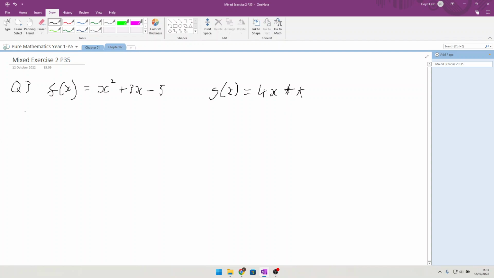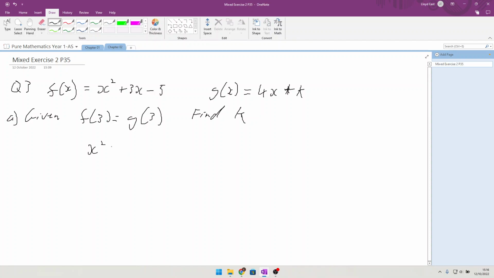Given that the f function when x is 3 and the g function when it is 3 are equal, find k.